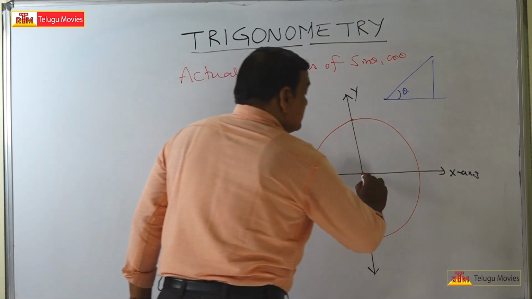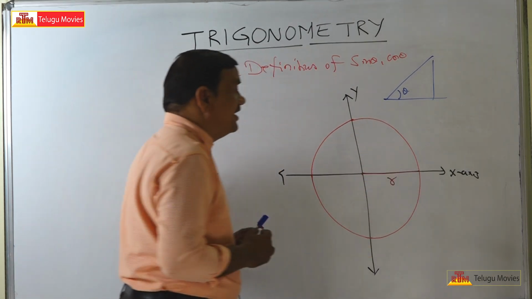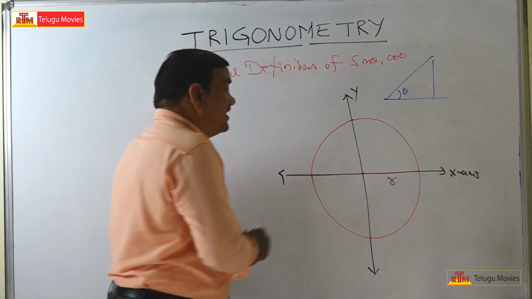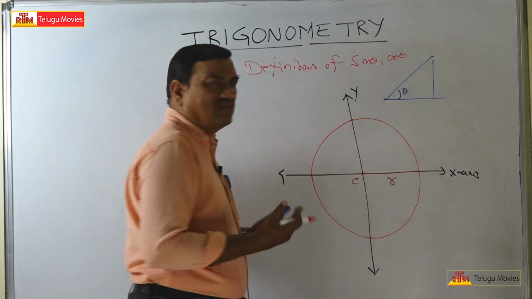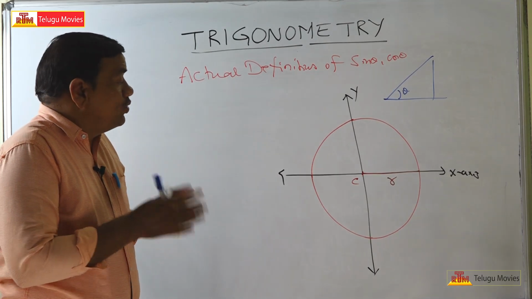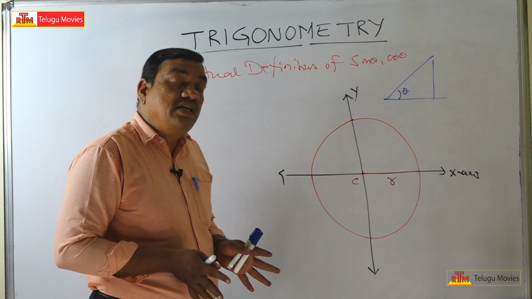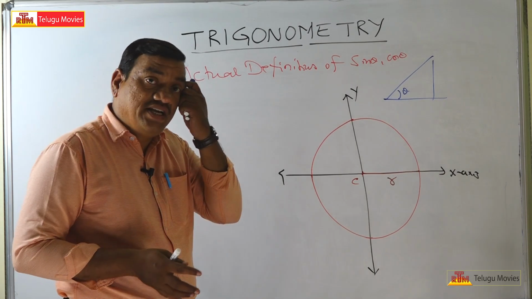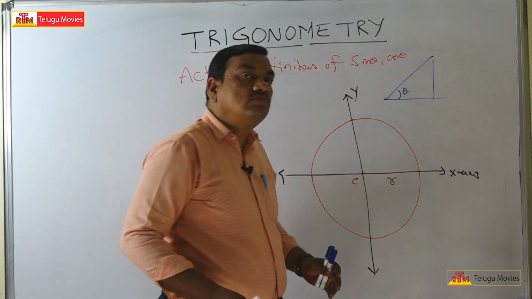Its radius is r. Center is C. Let us consider that. Actually, we can take any circle anywhere. But to make you understand the definition, mathematicians generally take some standard circle.